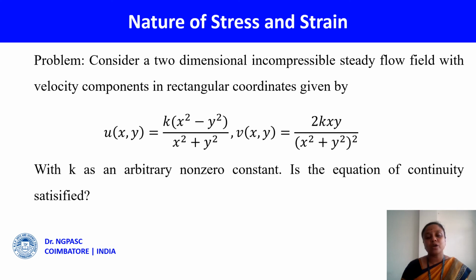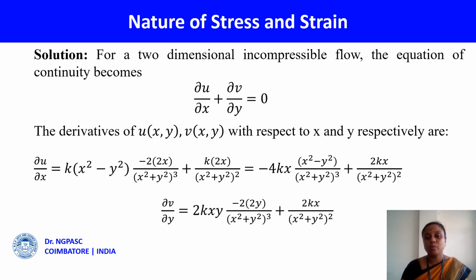So what is our equation of continuity? Dou u by dou x plus dou v by dou y is equal to 0. We find the derivatives of u of x comma y and v of x comma y with respect to x and y respectively. Dou u by dou x is obtained by differentiating u, and dou v by dou y is obtained by differentiating v with respect to y.